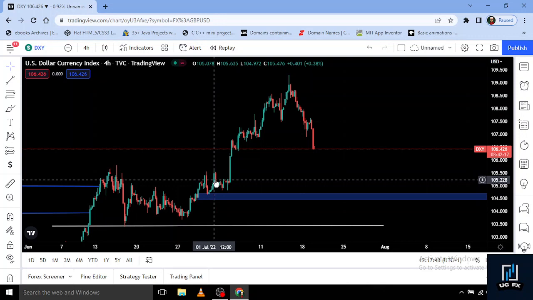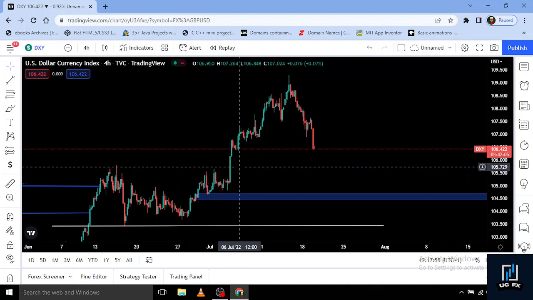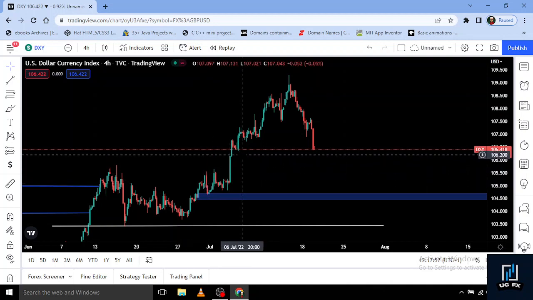This dollar index, or DXY, is an instrument that shows the strength or weakness of the dollar. This means whenever the DXY is moving up or in an uptrend, pairs like EUR/USD, GBP/USD, NZD/USD, AUD/USD, etc. would be going down, and vice versa.